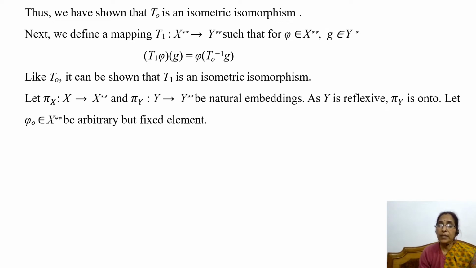As Y is reflexive, we know that pi Y is onto. And as we want to show that pi X is onto, we take an element phi naught in X double star, and we want to show that there exists some element in X such that image of that element under pi X is phi naught.